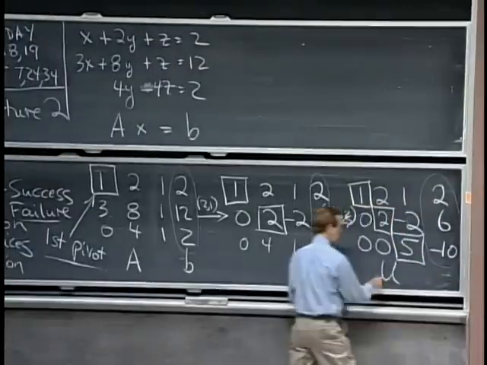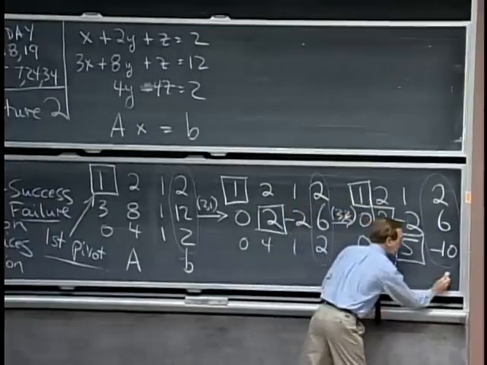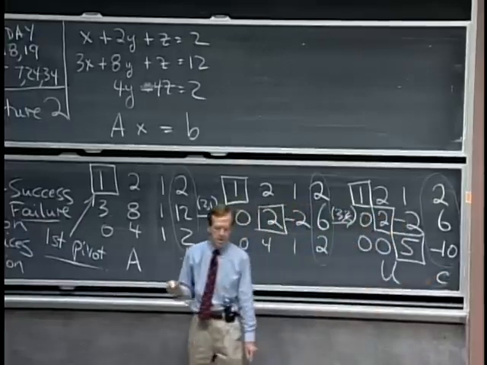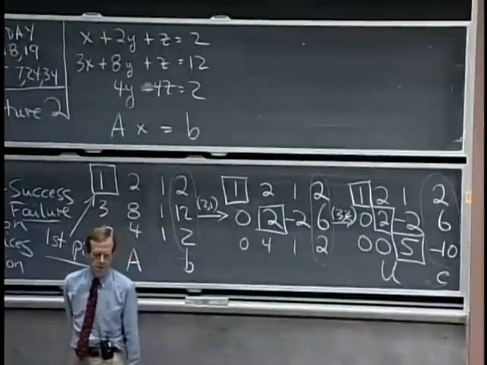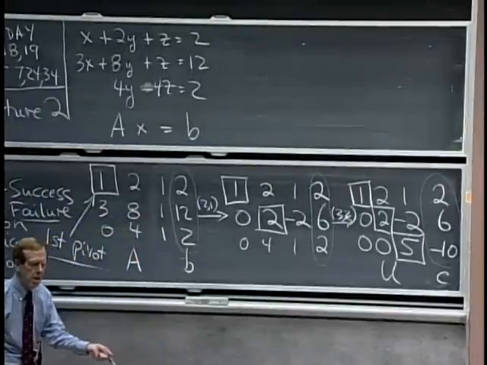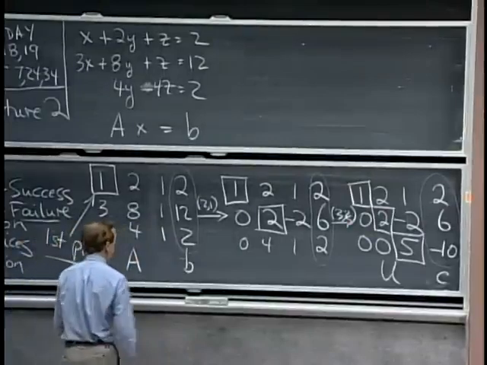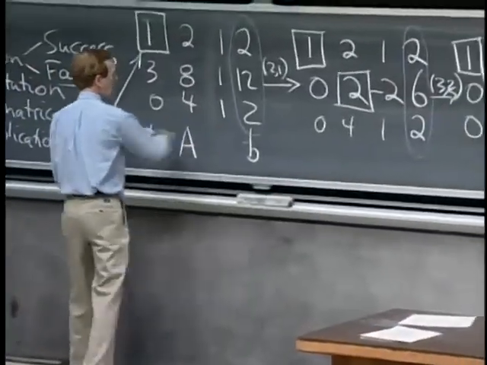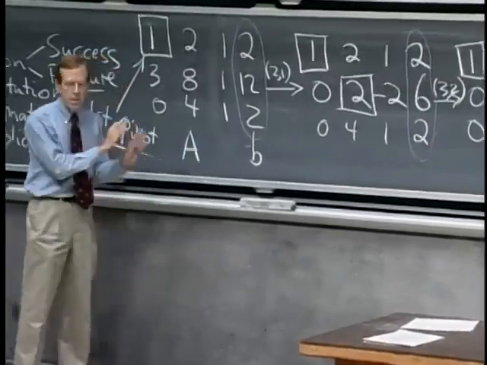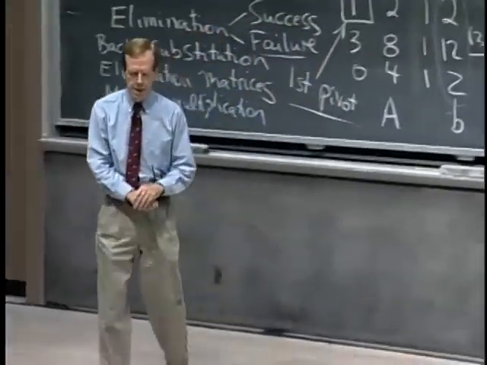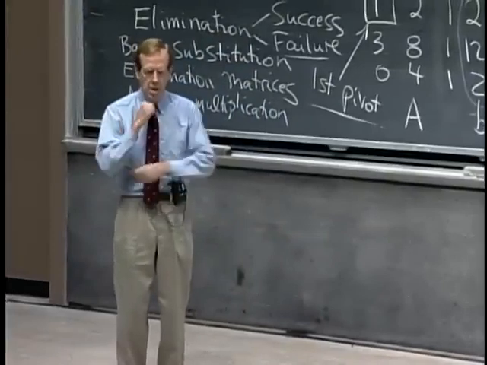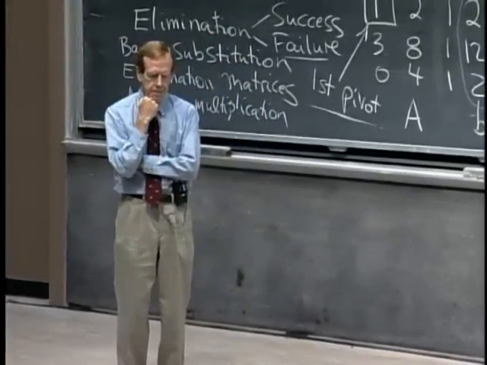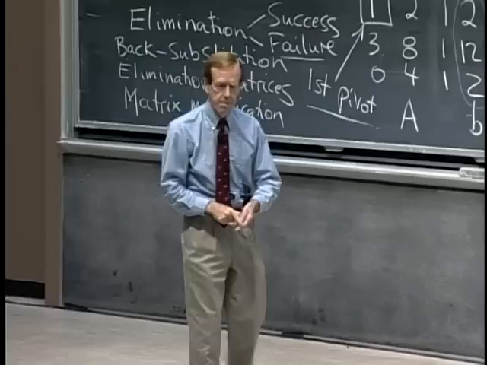The right-hand side that goes with u, and let me call that once and forever the vector c. So c is what happens to b, and u is what happens to a. Okay, there you've seen elimination clean.